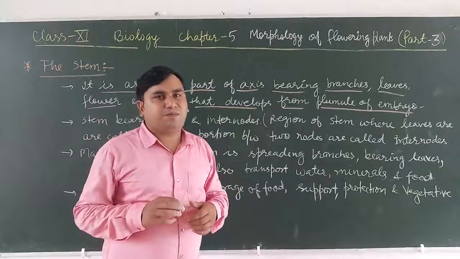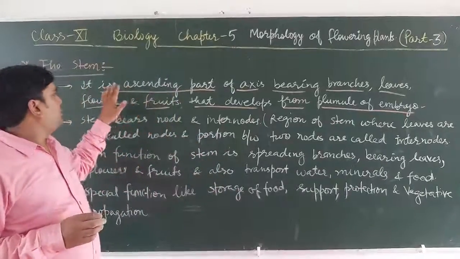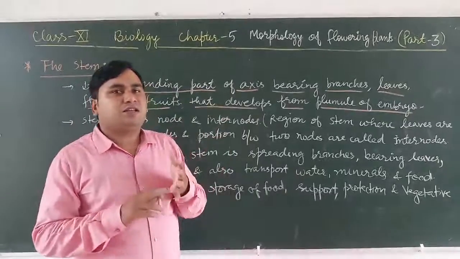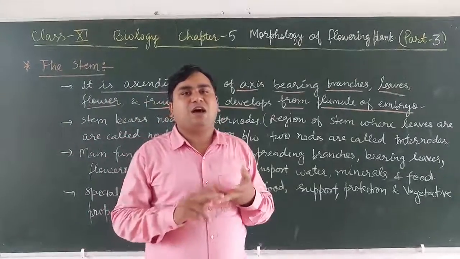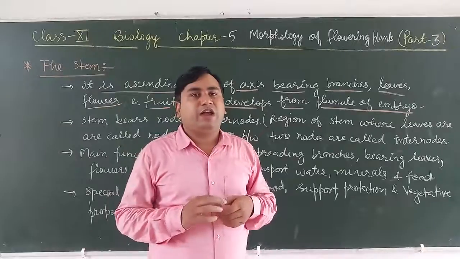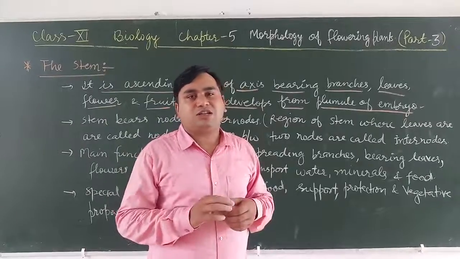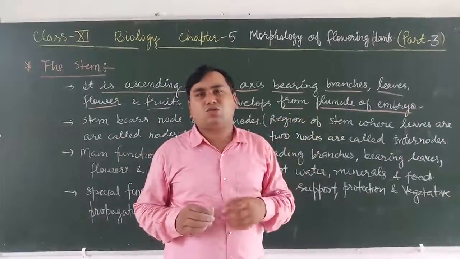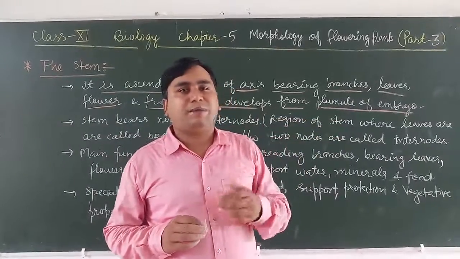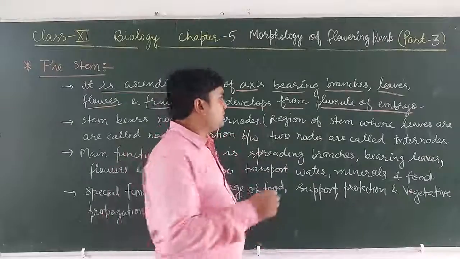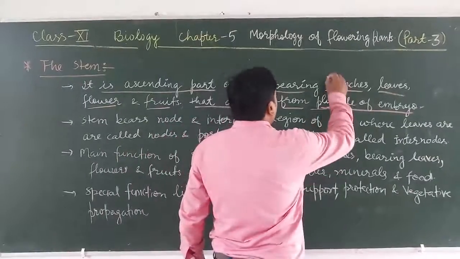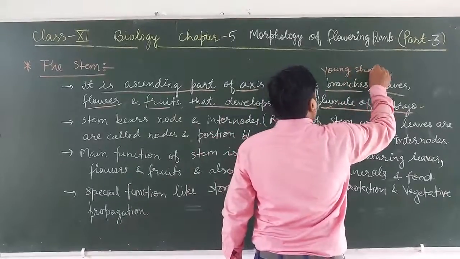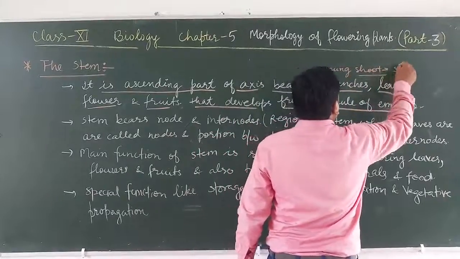So we can say simply, the stem is the basic part by which leaves, branches, flowers and fruits are developed, and also the plumule. What is plumule? This word plumule is the young shoot of the embryo of the germinating seed. Young shoot means the shoot is also the stem.